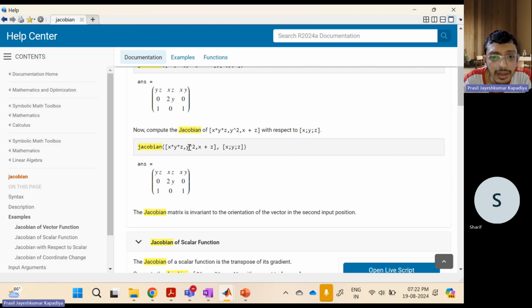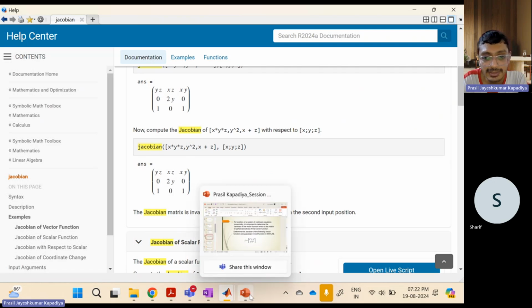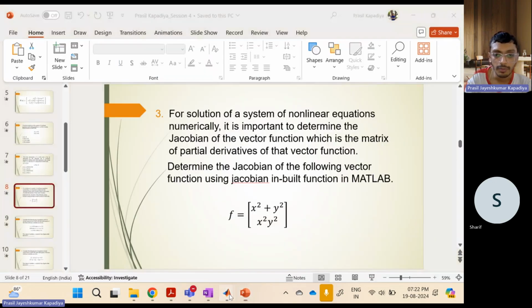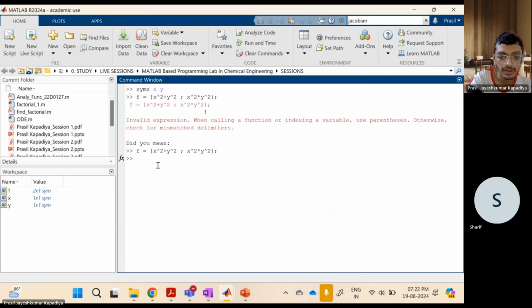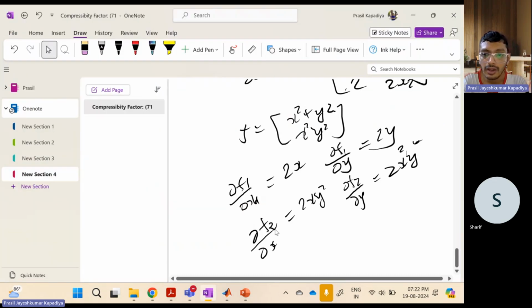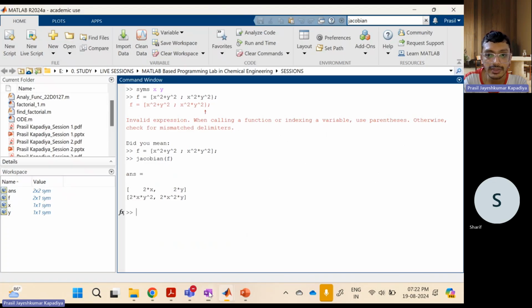First, let's just write Jacobian of my function. So it is giving me the exact answer: 2x, 2y, 2x y square, 2x square y.